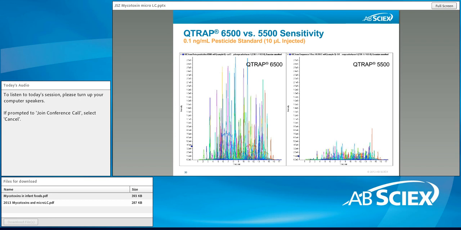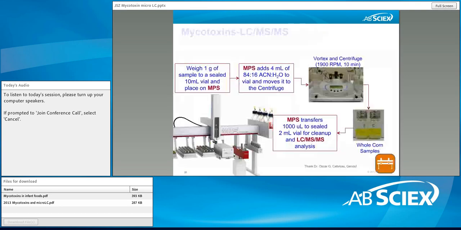Also in terms of calculated signal to noise, we do have a huge improvement by just using 6500 compared with 5500. And we just started to measure some mycotoxin samples on 6500. I hope we can present you some new results next time when we finish our measurements.